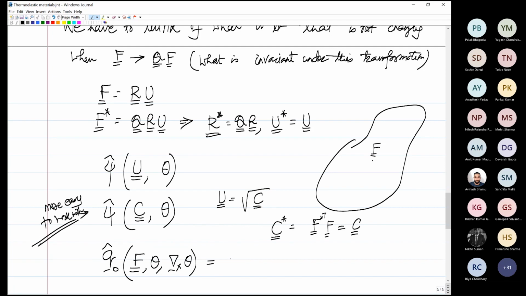So having seen that it's the same, we'll simply write it as Q naught hat of F star, theta star, and grad X theta star.